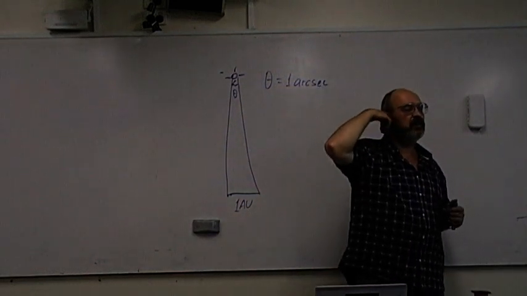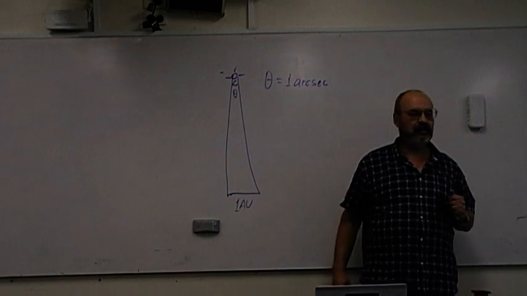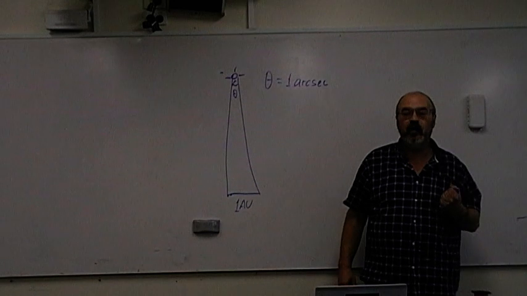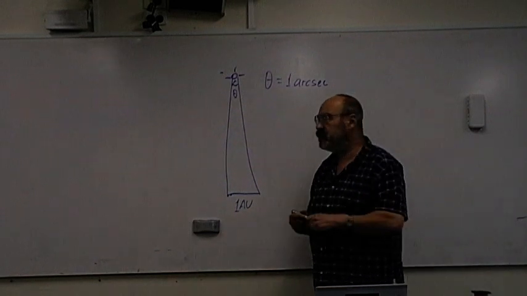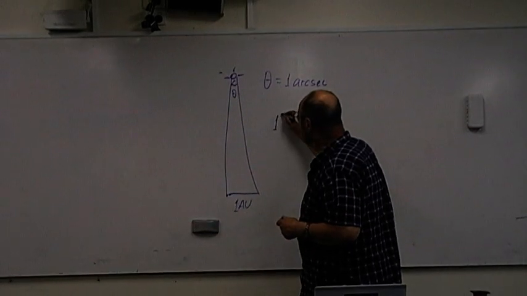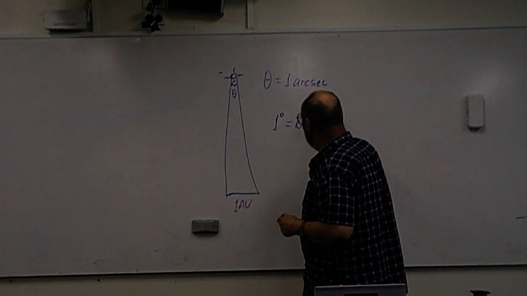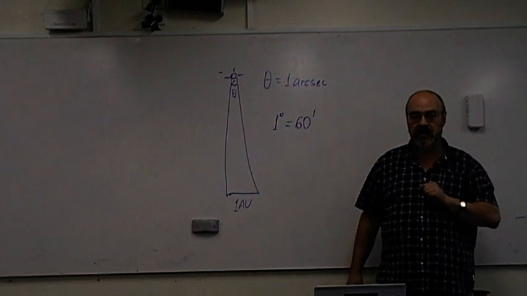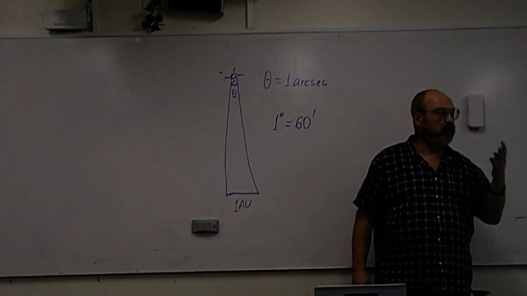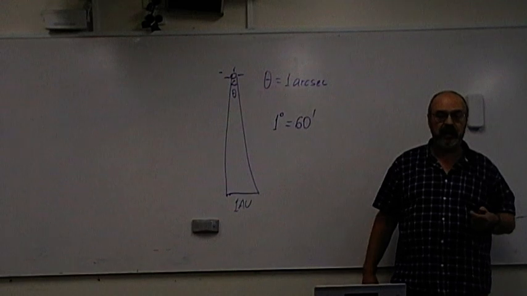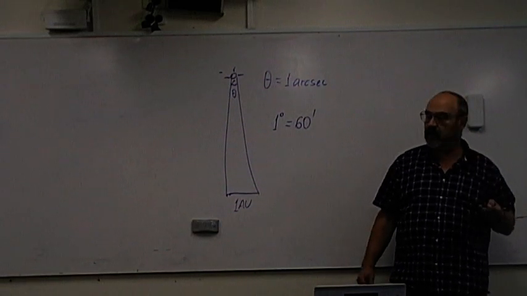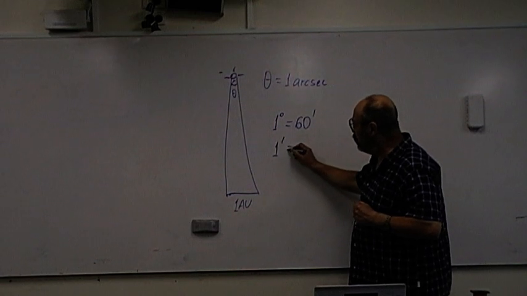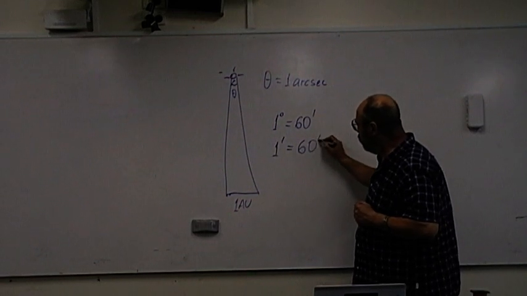What units of measurement of angles do you know? Degrees. But there are smaller units. 1 degree has 60 minutes in it, like 1 minute of time divided in 60 seconds, the angle of 1 degree is divided in 60 minutes. And 1 minute is also divided in 60 seconds.